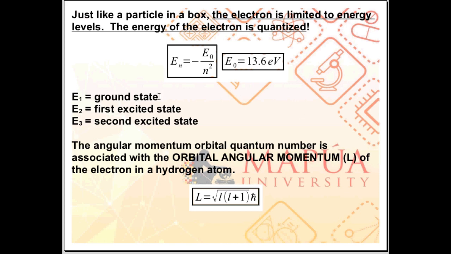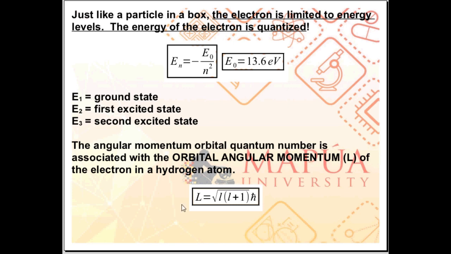E1 is referred to as the ground state of the electron. E2 is the first excited state. E3 is the second excited state. E4 is the third excited state, and so on. On the other hand, the angular momentum orbital quantum number is of course associated with the orbital angular momentum, which is, as mentioned, quantized.